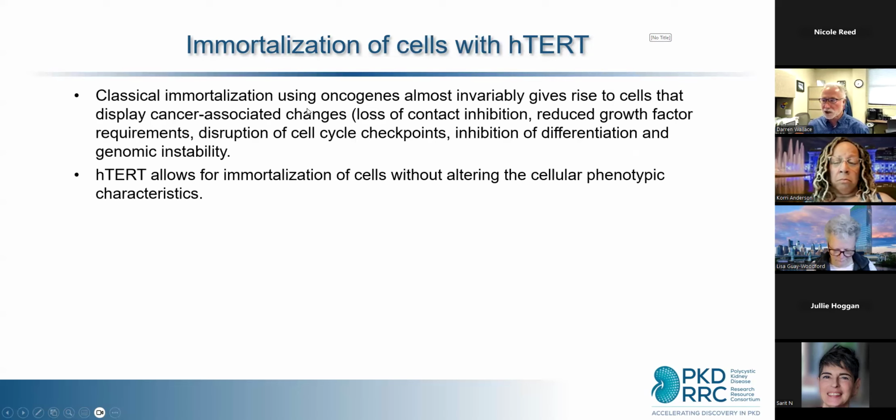Classical immortalization typically uses oncogenes, and this inevitably gives rise to cells that have cancer-associated changes, genomic instability, their cell cycle checkpoints that control their cell proliferation may be disrupted, and they may not be fully capable of full cellular differentiation. So what we're hoping is that the hTERT will allow us to immortalize cells without affecting some of these cellular characteristics.